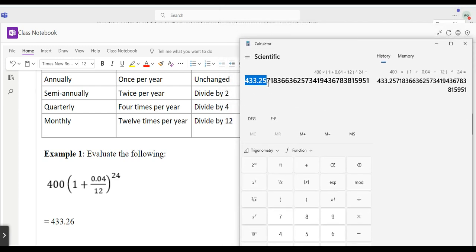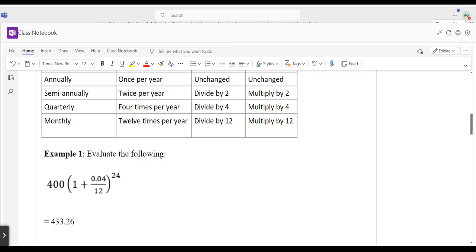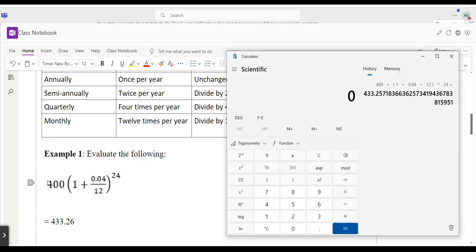And so again, I was going to write this down, and I wrote it down here. So again, how did I do this? Well, what we want to do is take our 400 bracket 1 plus 0.04 divided by 12, close the bracket, to the power of 24.